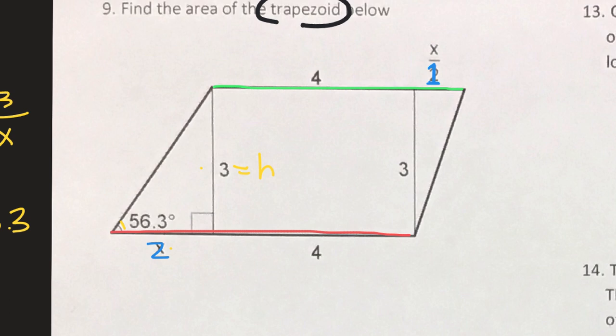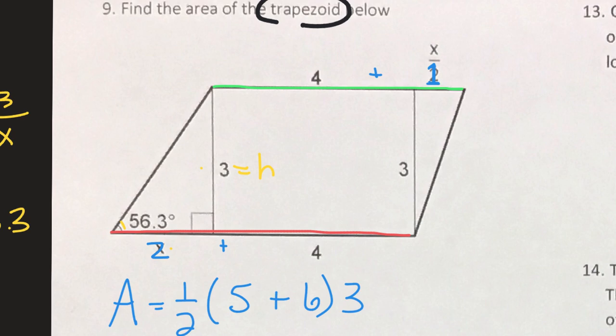Okay, and then we did our area formula. 1/2 of, what's the top base? 4 plus 1 is 5. And what's the bottom base? 2 plus 4 is 6, times our height of 3. Okay, so now it's just a matter of figuring this out.